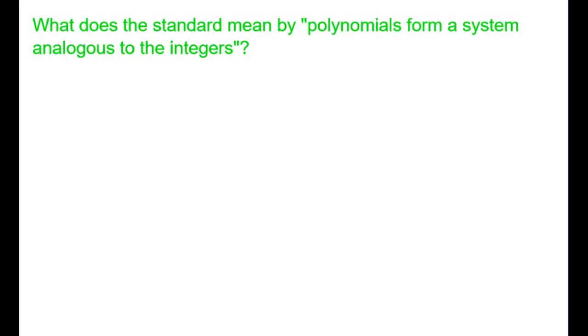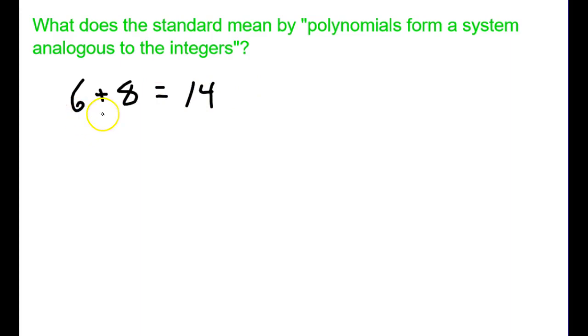Before we get started into examples, I'm sure some of you are wondering what that standard exactly means. So what does the standard mean by polynomials form a system analogous to the integers? What that means is if I take two integers, let's just say 6 plus 8, and I add them together, my result is going to be 14.